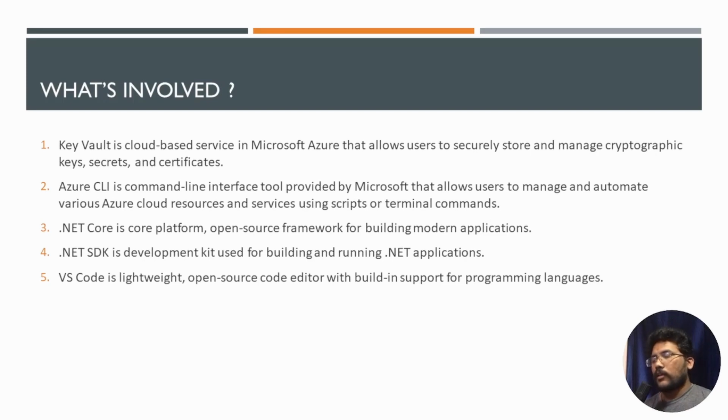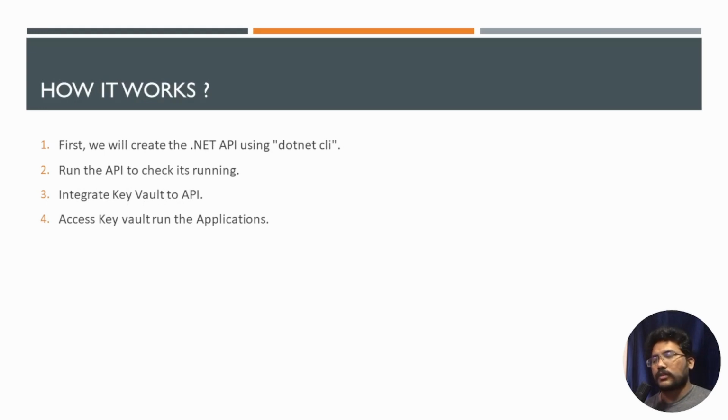Next, how it works. Once the application gets created, the application connects with the key vault to get the information. That's how it works. First, we will create an Angular .NET Core project, and we'll run an API and check whether it is running.